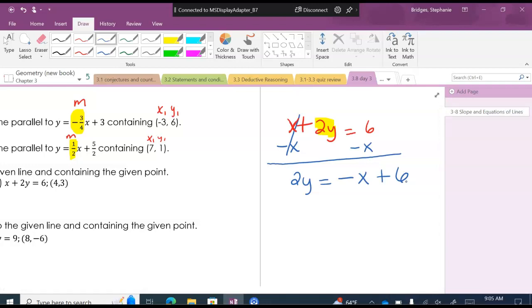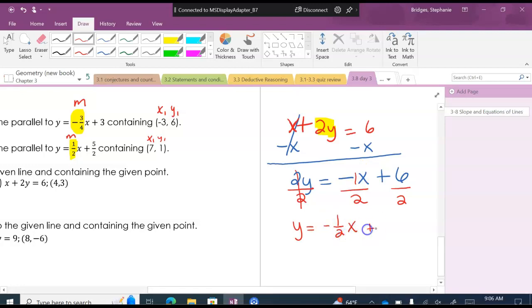Now, how do I get y by itself? Divide by 2. But how many parts are there in this equation right now? 3. So I have to divide each one of these by 2. Not just one piece, but I've got to divide them all. Now let me ask you a question. What number is in front of this x? A negative what? So that's going to be written as a negative 1/2 x, like that.